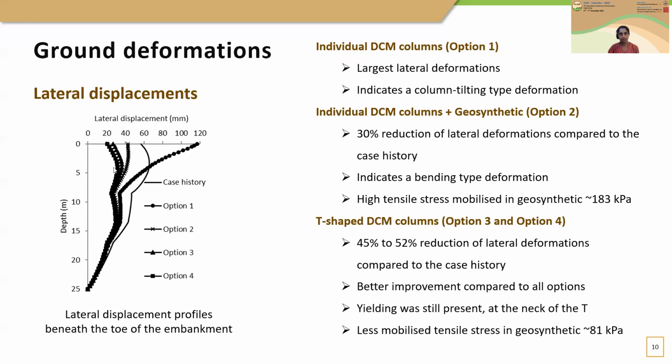However, the geosynthetic layer was not that effective. There was only 81 kilopascal tensile stress in the geosynthetic reinforcement. So T-shaped DCM columns by themselves could perform much better compared to the case history as well as options 1 and 2.